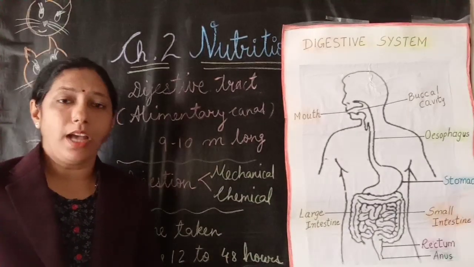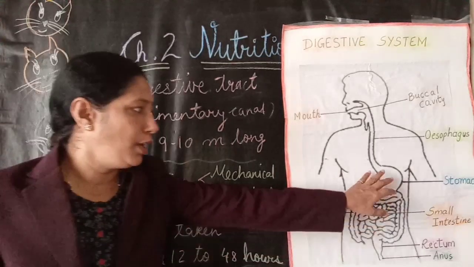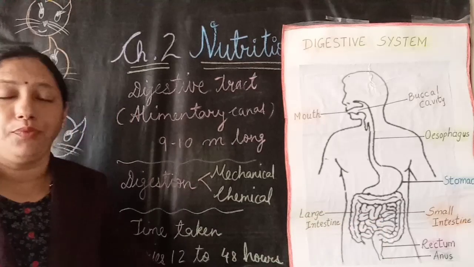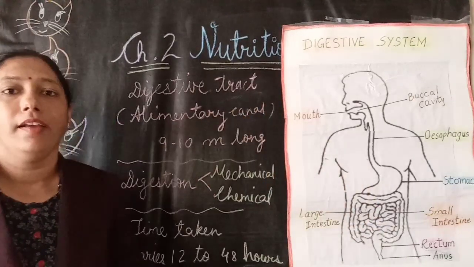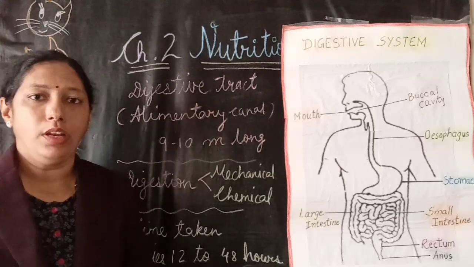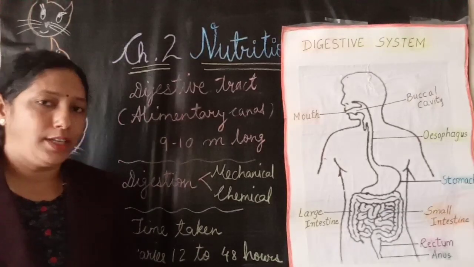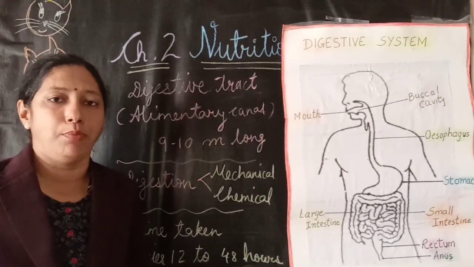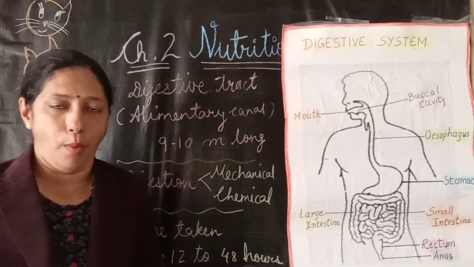These are the digestive juices secreted by the inner walls of stomach and small intestine and the different glands associated with the digestive tract like salivary glands, liver and pancreas. These enzymes break down the complex substances of food like carbohydrate, protein, fats into their simplest form.